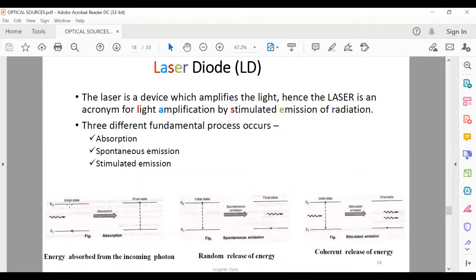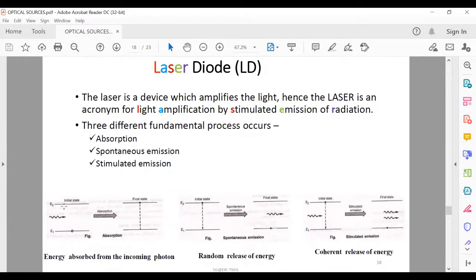And if we consider this frequency, assume this is F and energy is E, so if E1 is the lower state energy level and E2 is the higher state energy level, then we can say that E equals E2 minus E1, which is equal to h times f.